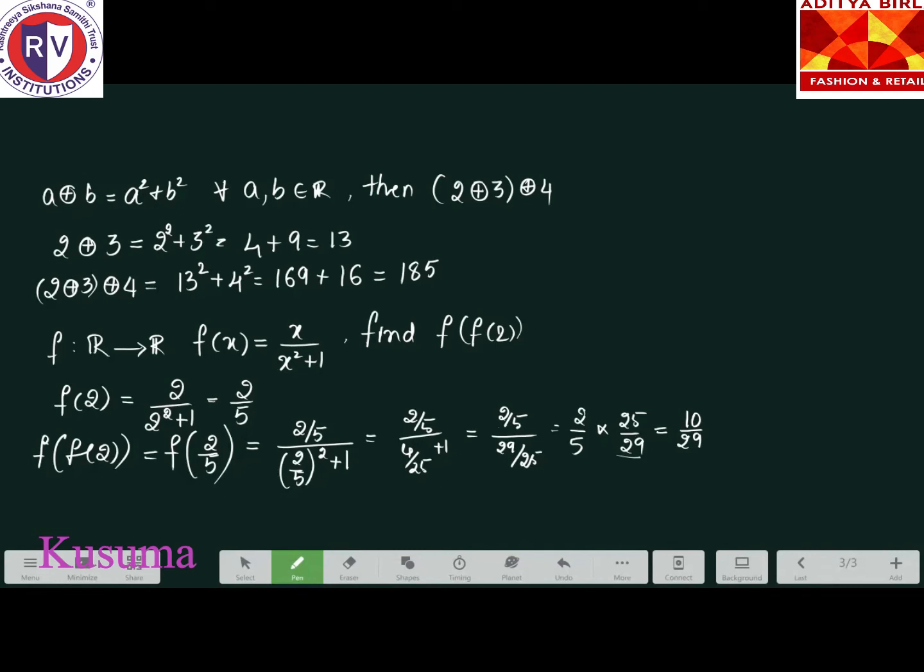Okay, look at the next question. The set A has 4 elements and the set B has 5 elements.